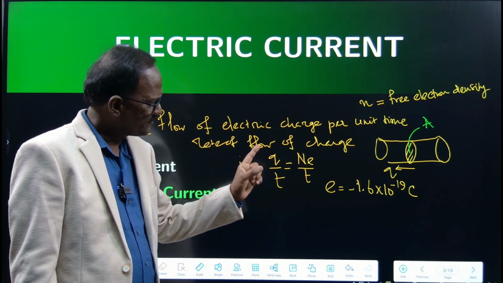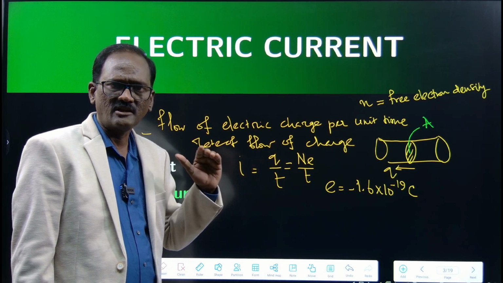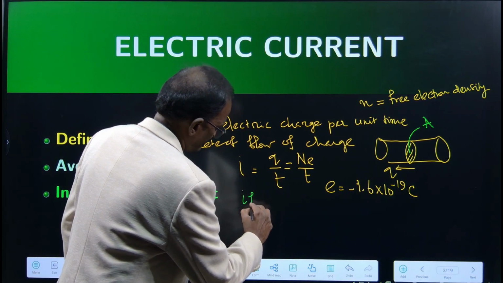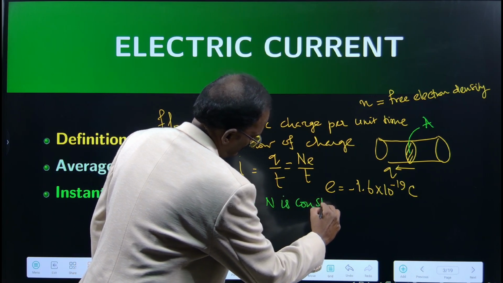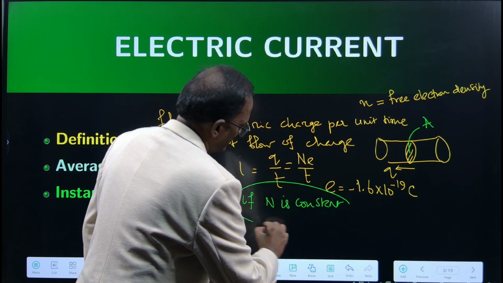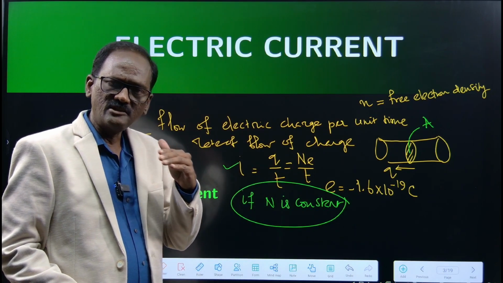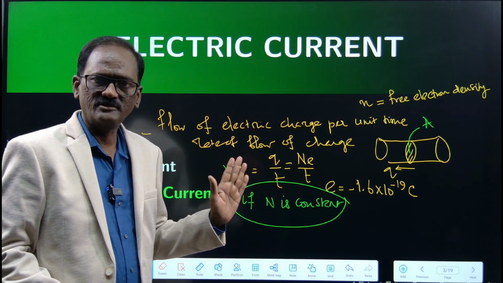However, this formula is useful only if the number of electrons is constant. Only if N is constant can I use this formula. If N is continuously varying with respect to time, this formula cannot be used.